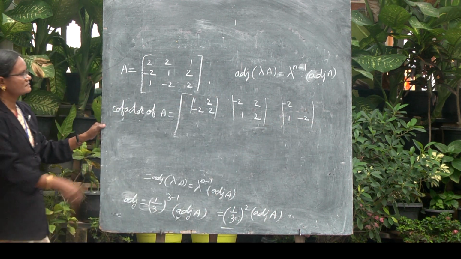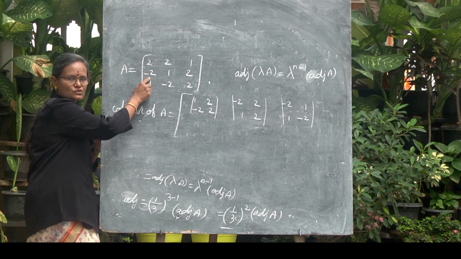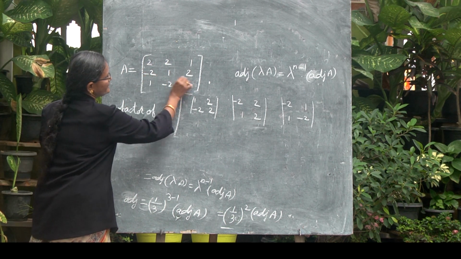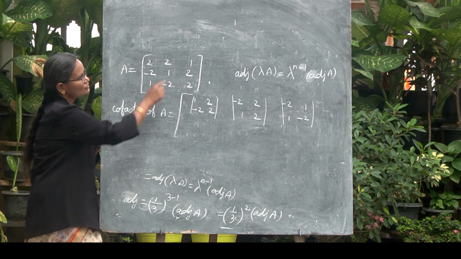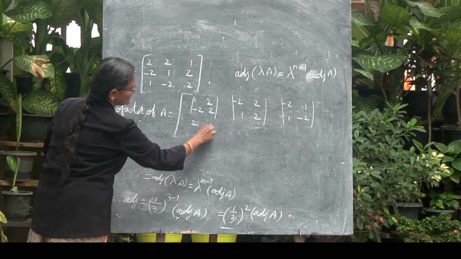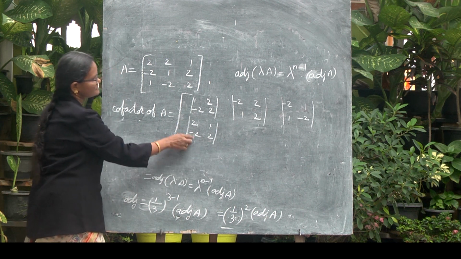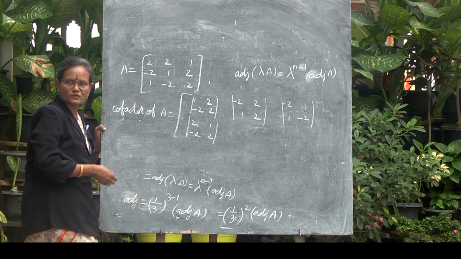Next one. In the second row, first column, the element is minus 2. Ignore that second row and first column. What are the remaining elements here? 2, 1, minus 2, 2. This is the minor of minus 2. Next element is 1. What is the position of 1?